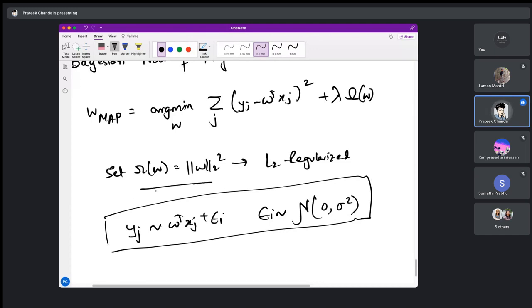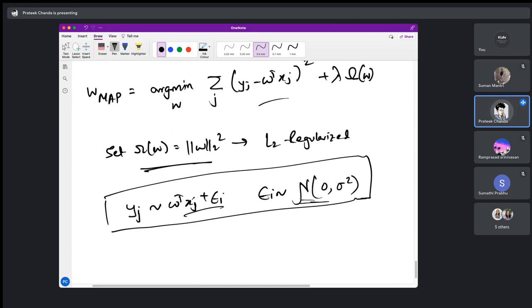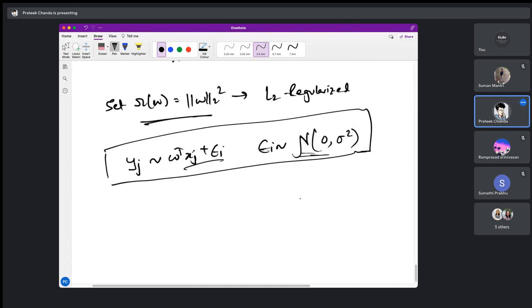If we set this to this, we get an L2 regularized solution for the linear regression problem. And if we have a Gaussian prior, minimizing the loss comes out to be an L2 loss. This is something we proved in the last few classes.